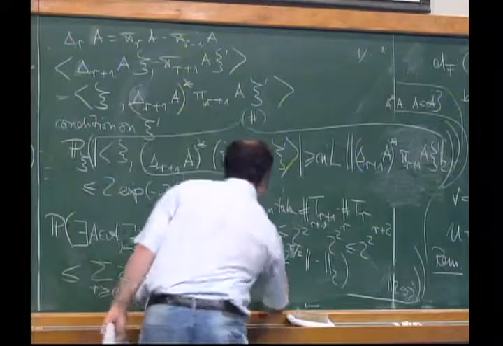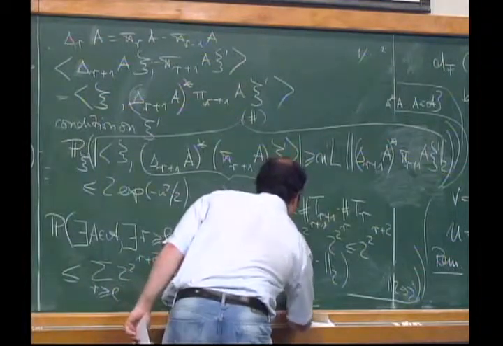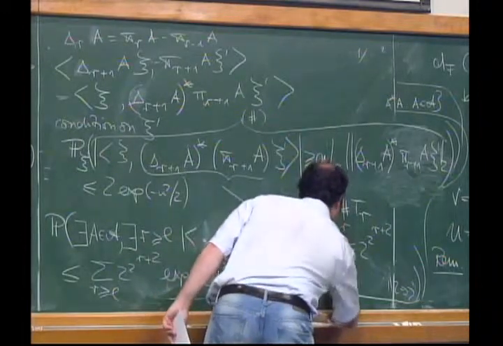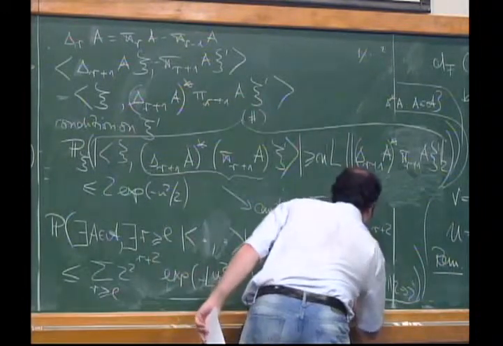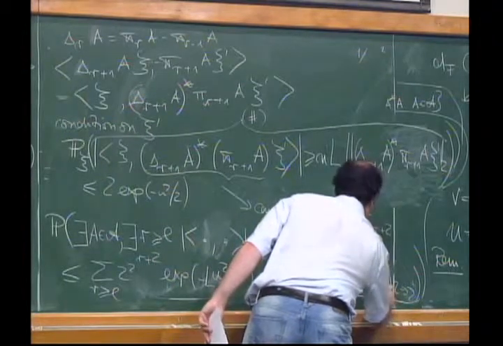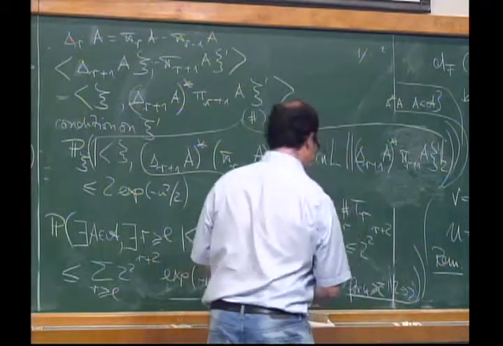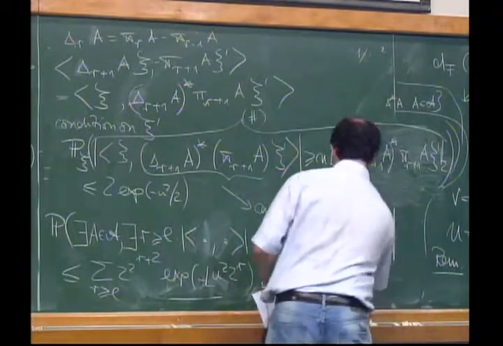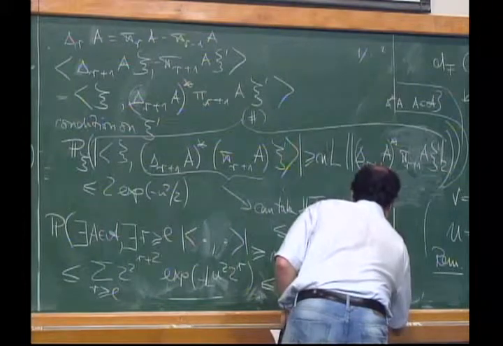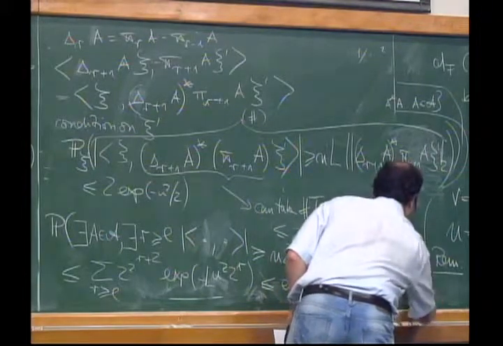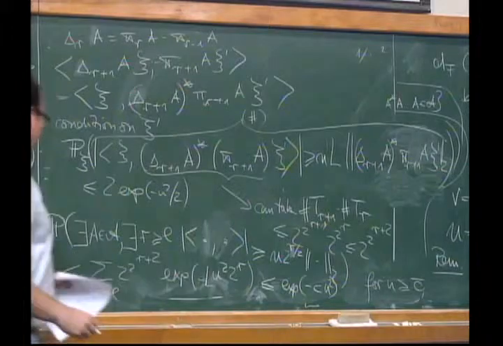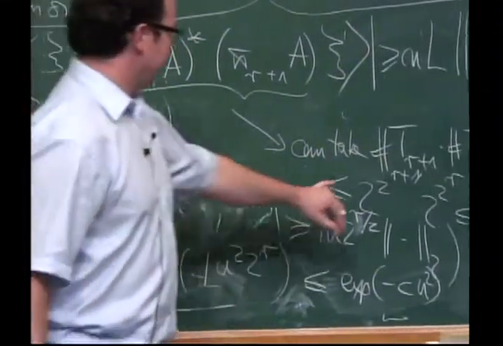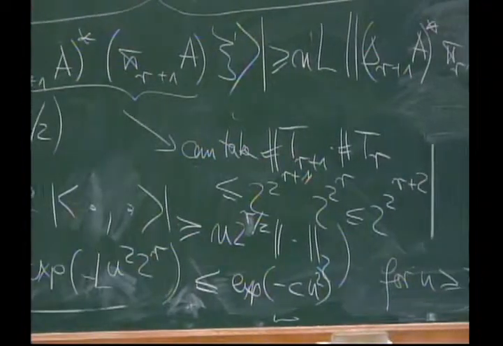So this is bounded by e to the minus constant times u squared, well, for u larger than another constant c bar. Sorry, this is getting a bit messy. So yeah, and that's basically the reason why we have this strange growth here.